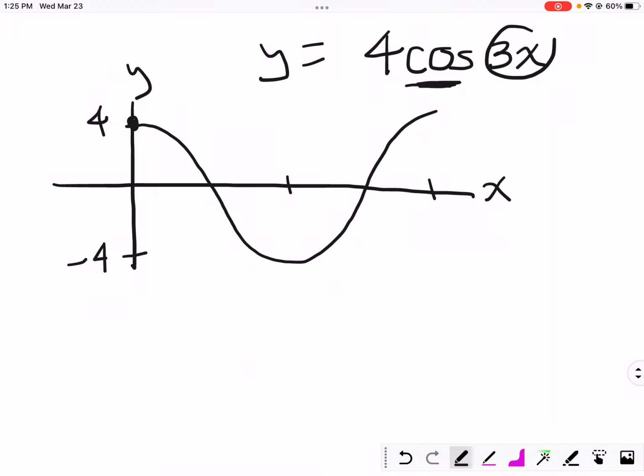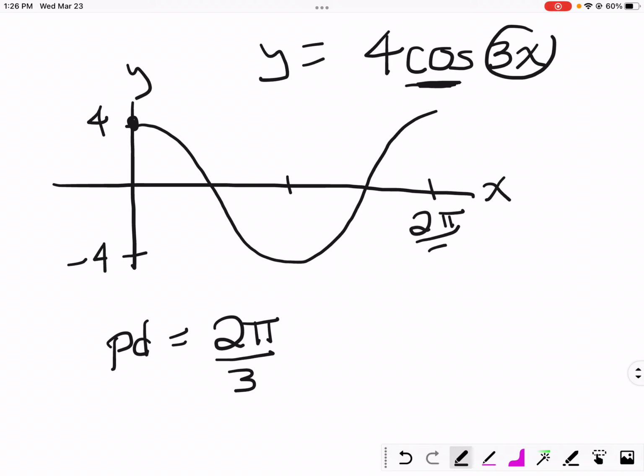Now, because of this, the period is now compressed by a factor of 3. So 2 pi divided by 3. And basically, right there, I would normally put 2 pi. Now I will put 2 pi over 3.